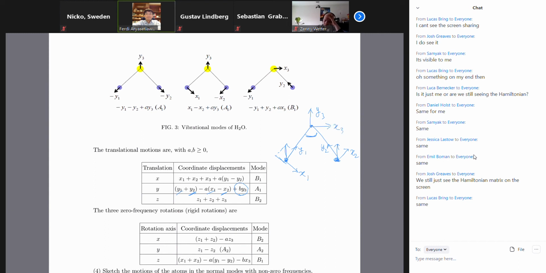And then if we go back to the table, we see that this combination belongs to A1. So let me try to remember this: y1, y2, x1 minus x2, and y3.